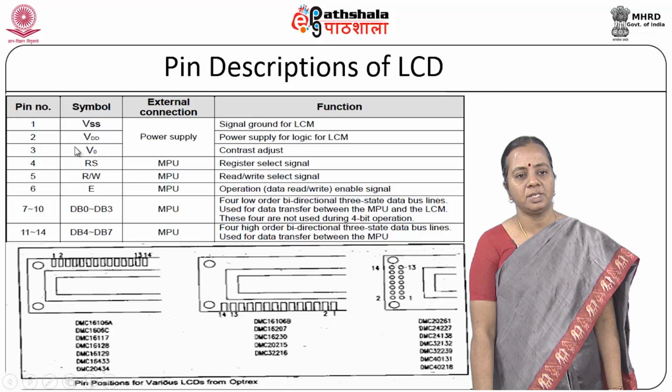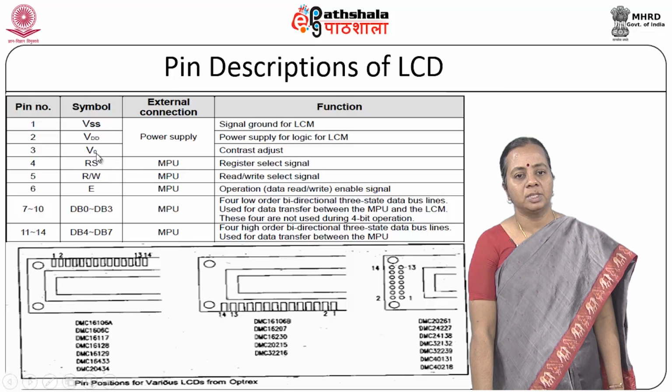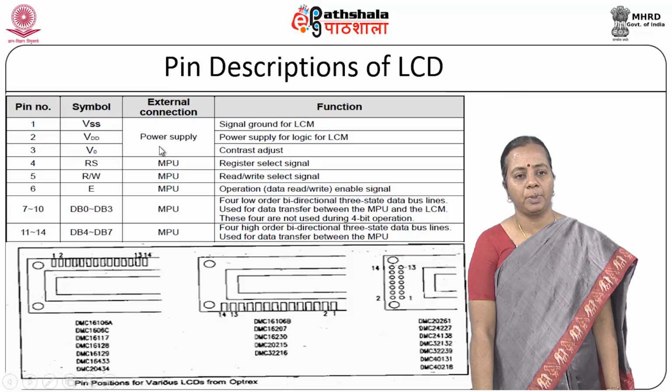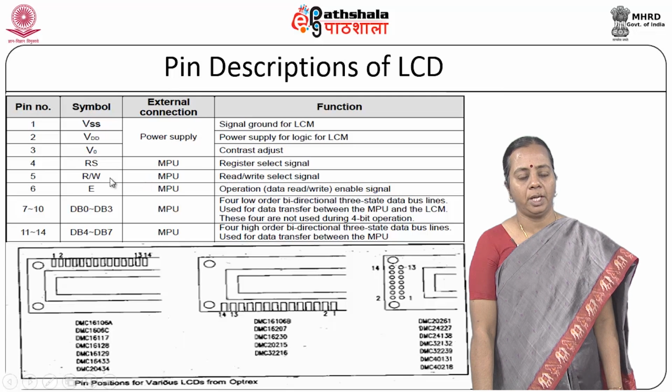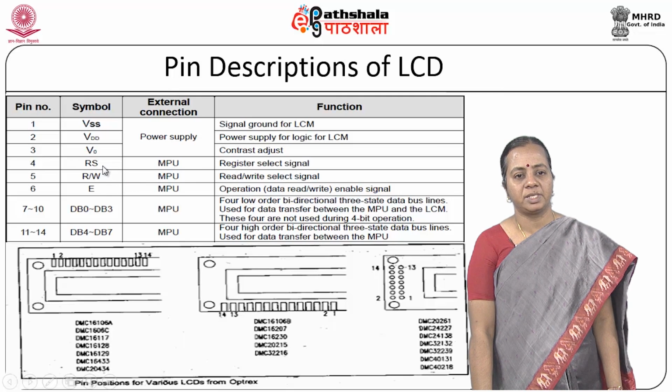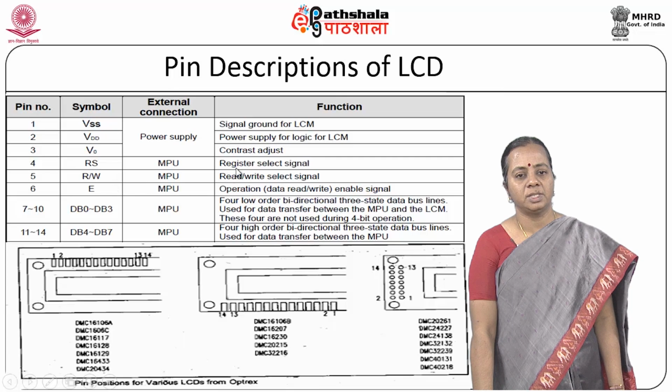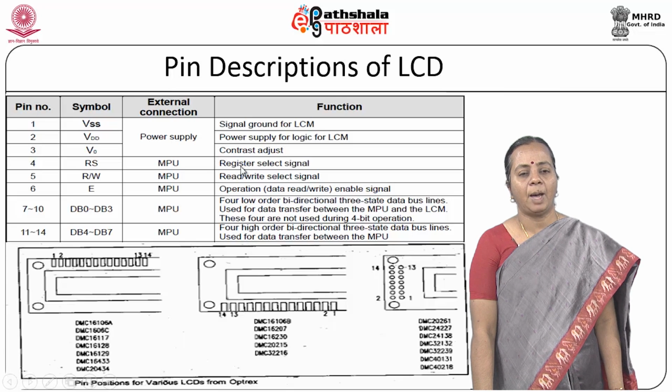In this, the VSS and VDD pins are for the ground supply and positive supply, and VO is for contrast adjust. By adjusting the voltage given at the VO pin, the contrast will be adjusted. Then the register select pin is also there with the LCD. The register select signal says whether we will be sending a command to the LCD or sending data to the LCD.